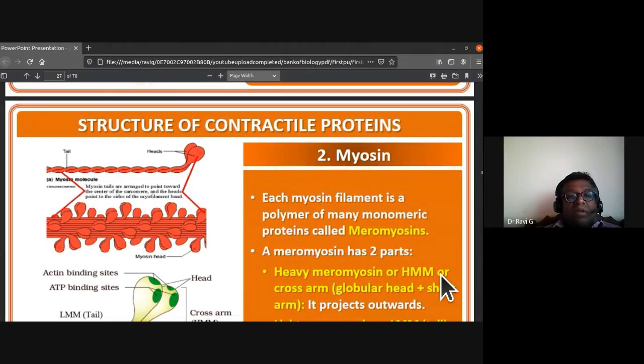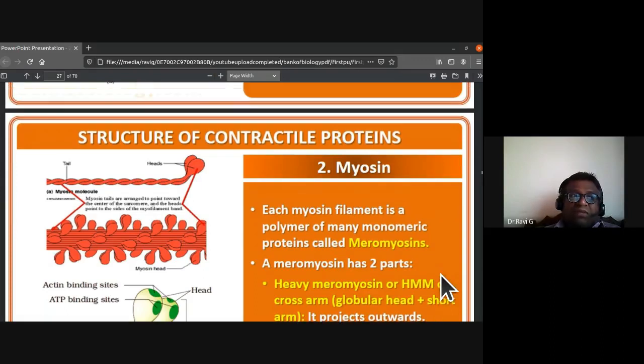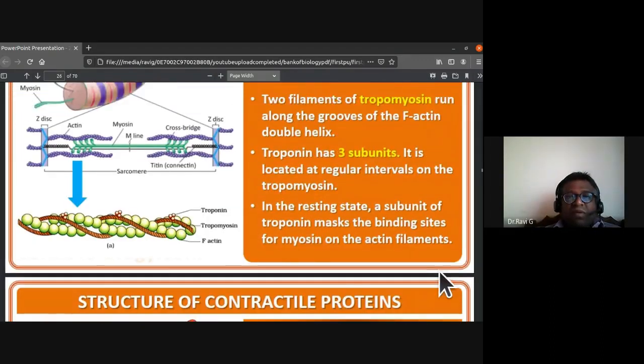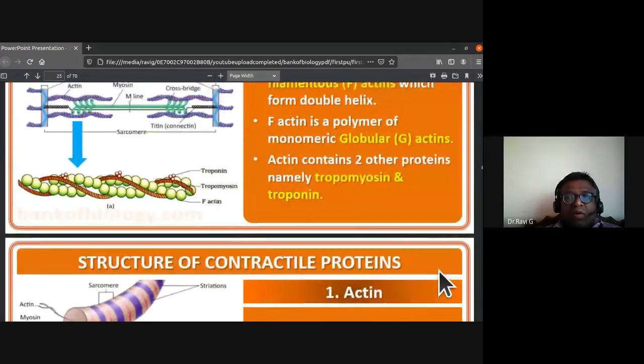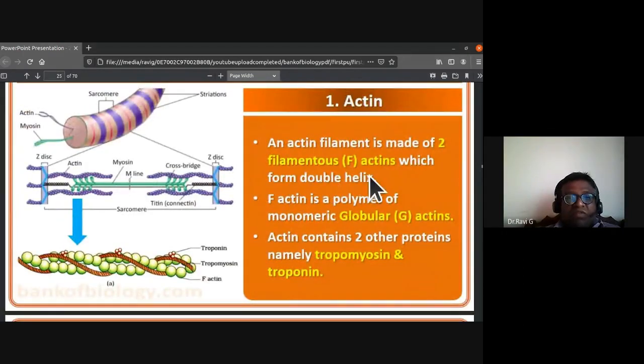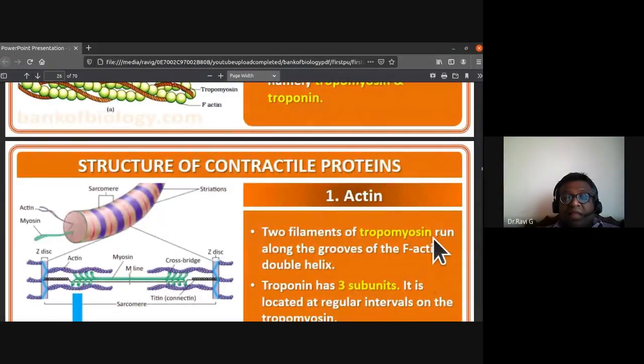So that is about the actin filament. Actin is made up of two helically coiled F actins, or filamentous actins. Filamentous actins are a polymer of monomeric globular actins, or G actins, as we call them. The actin contains two other proteins, that is tropomyosin, of which two filaments are there, and they run along the grooves of the F-actin double helix.